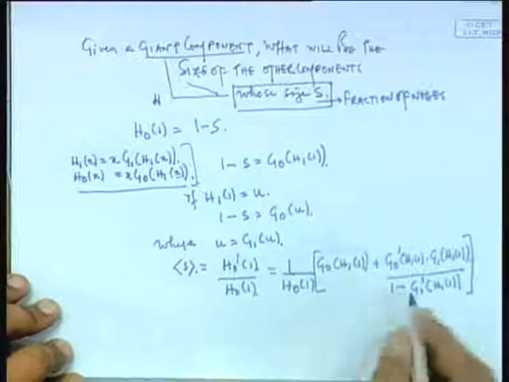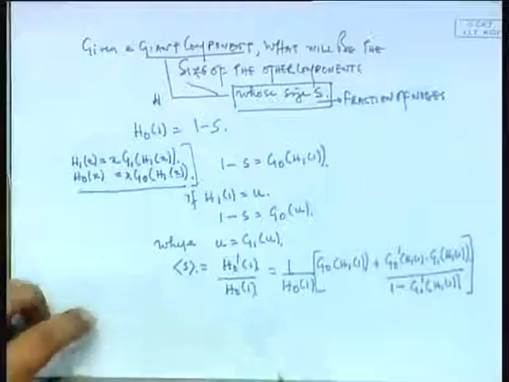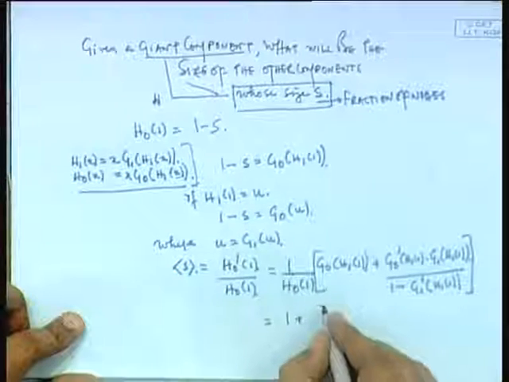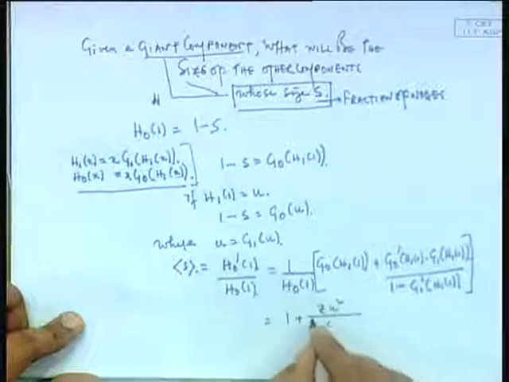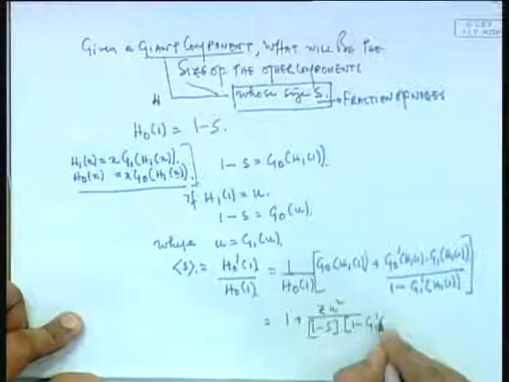You can see this calculation, and this will become 1 plus z u square 1 minus S, over 1 minus G 1 dash u.